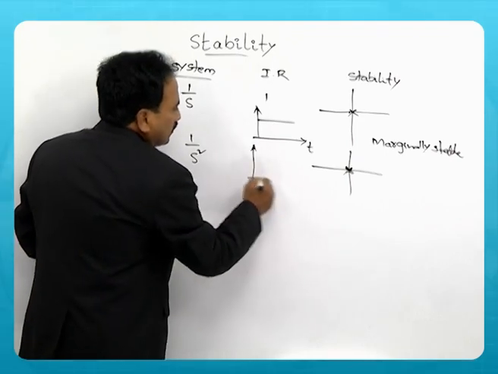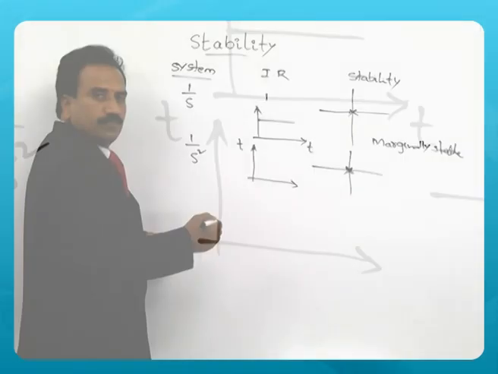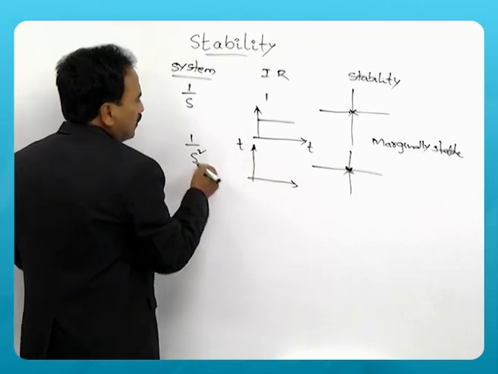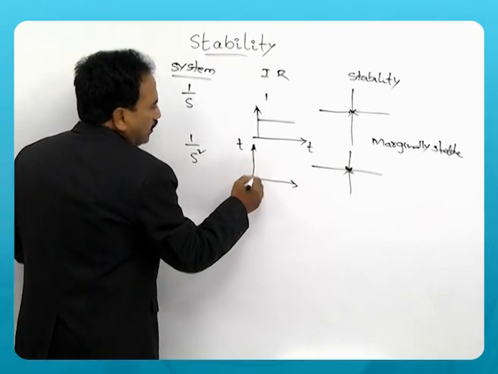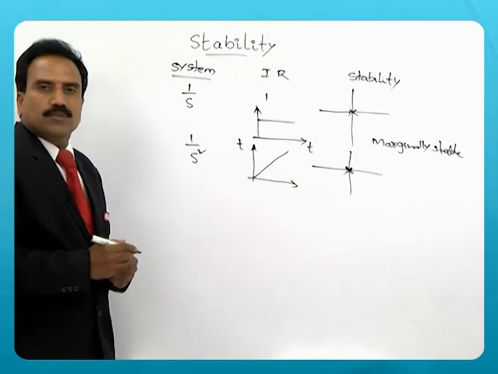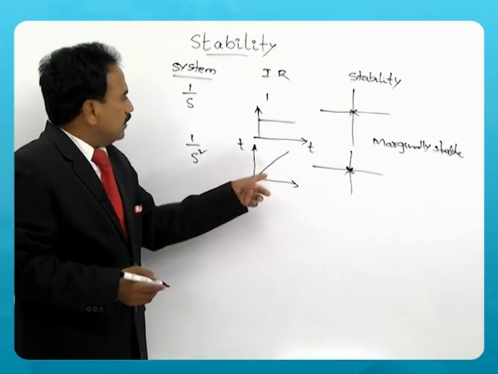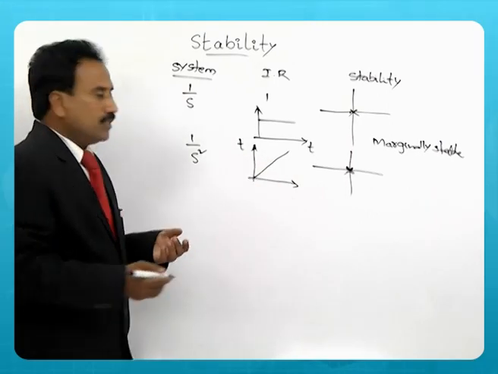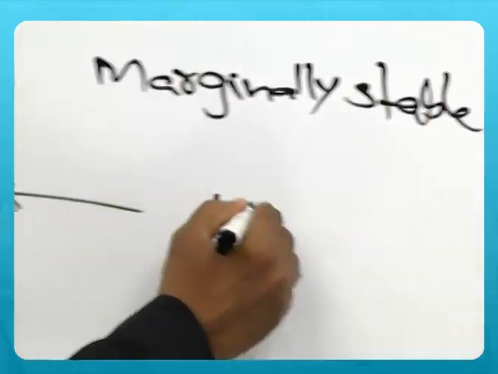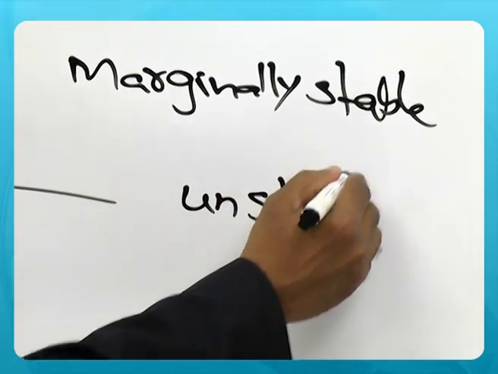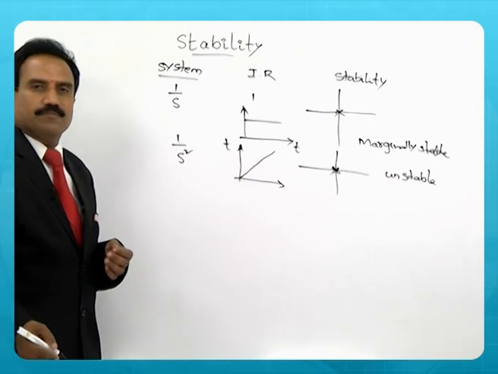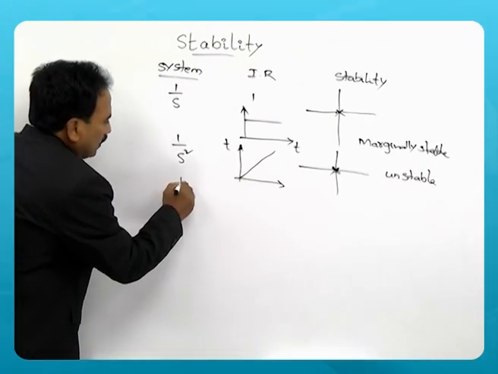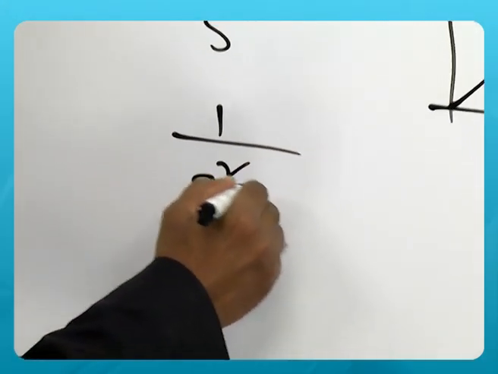The response is t, the Laplace inverse of 1 by s square is t, and this is the response. So, we say that this is an unstable system. This is an unstable system if you have repeated poles at the origin. Let us go further, 1 by s square plus 1.